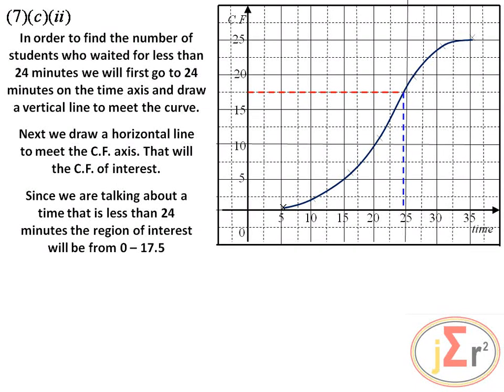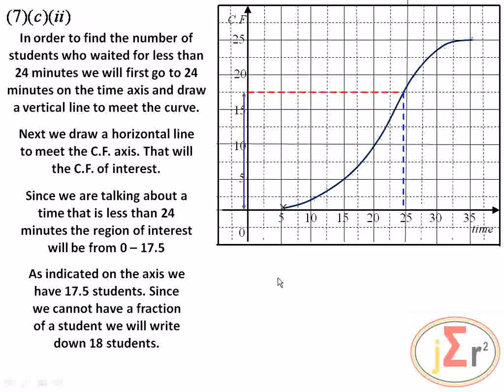Since we are talking about time that is less than 24 minutes, the region of interest will be from 0 to 17.5. When we go up and we go across, since we are talking about less than, we are interested in the region below, and that goes from 0 to 17.5.